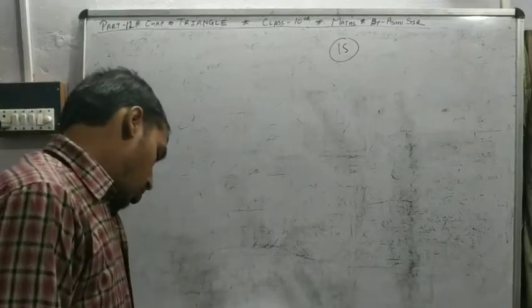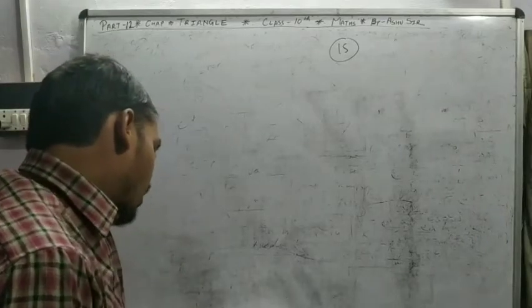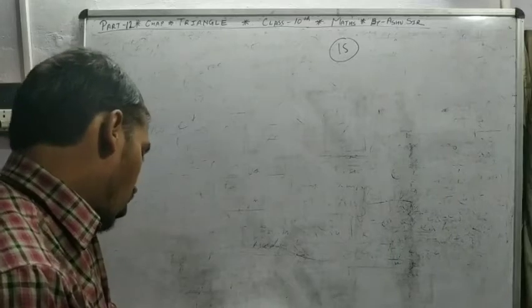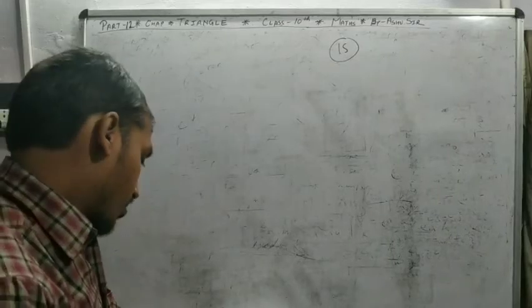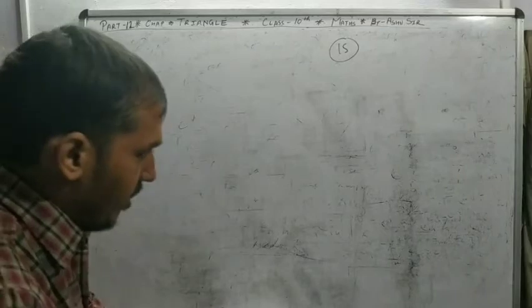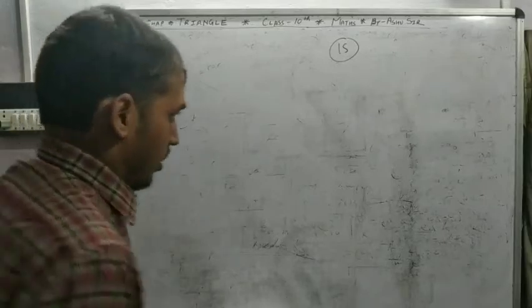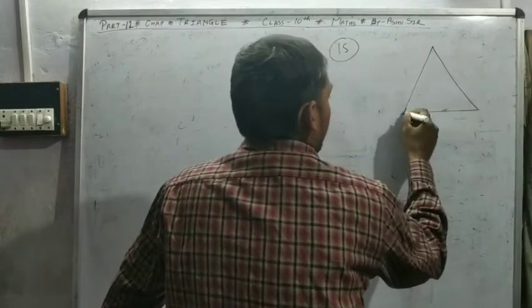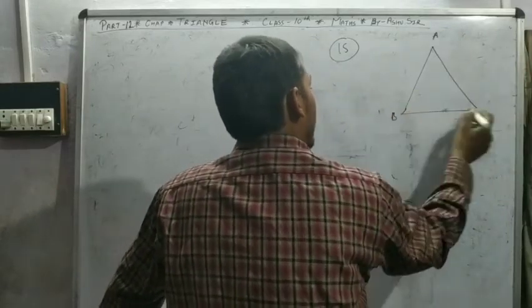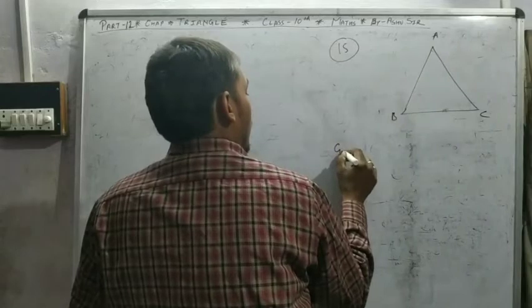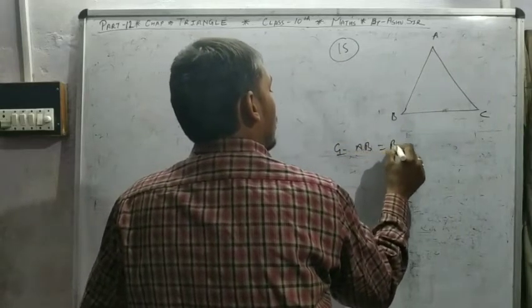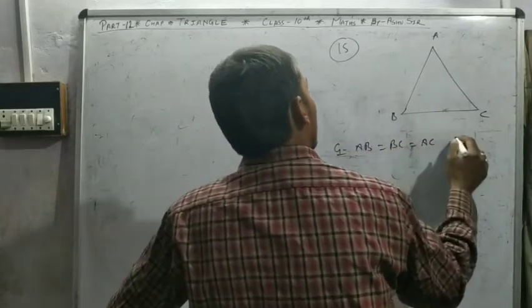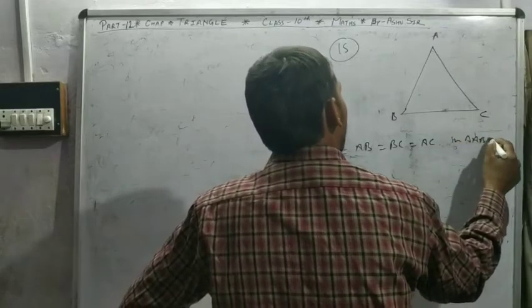See this question also. These types have 2-3 questions and the logic for solving the question is the same. Only something is different in the given parts. The question is, D is the point on side BC of equilateral triangle ABC, AB equal to BC is equal to AC in triangle ABC.